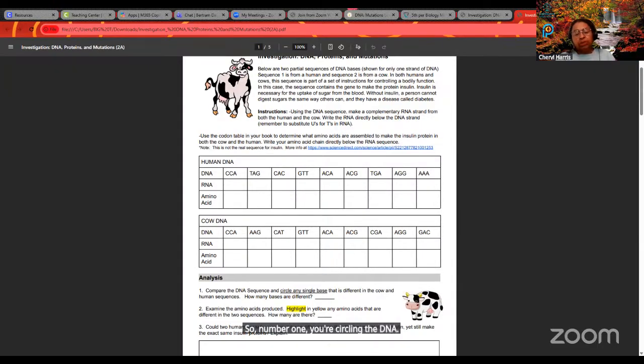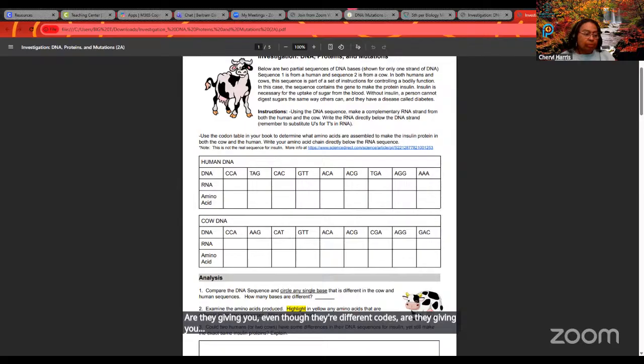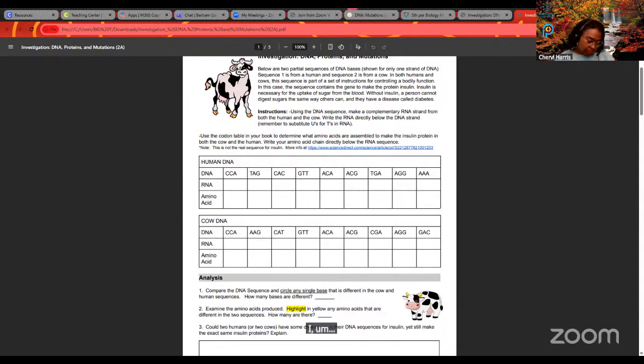Number 2, you're looking at, even though they're different codes, are they giving you different amino acids? Are we straight, everybody?